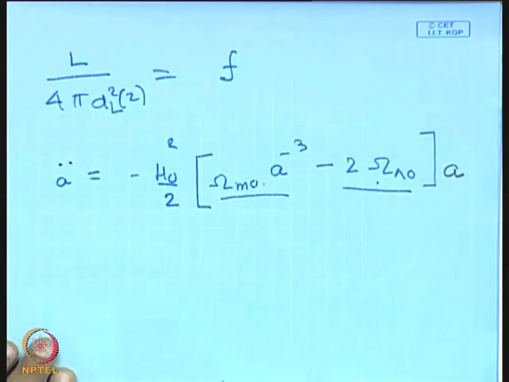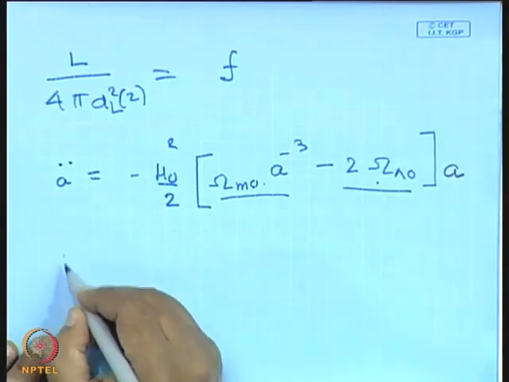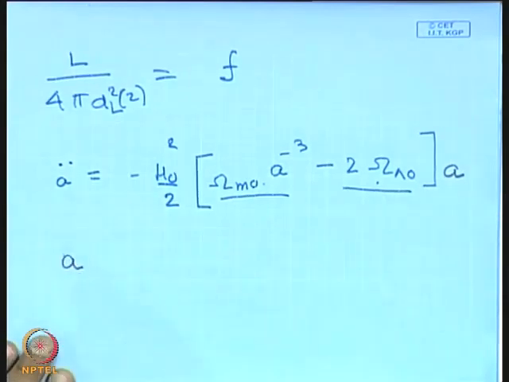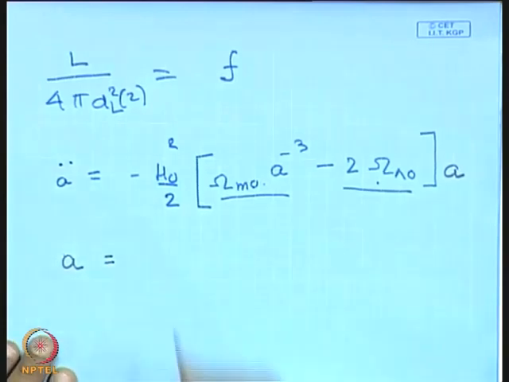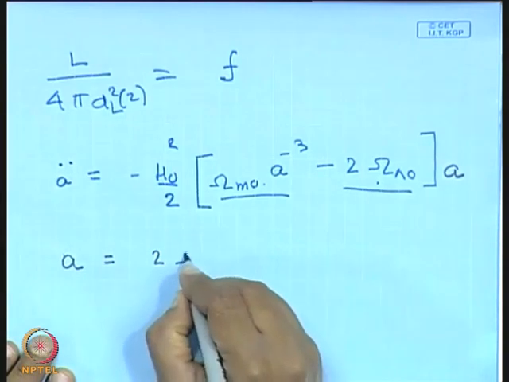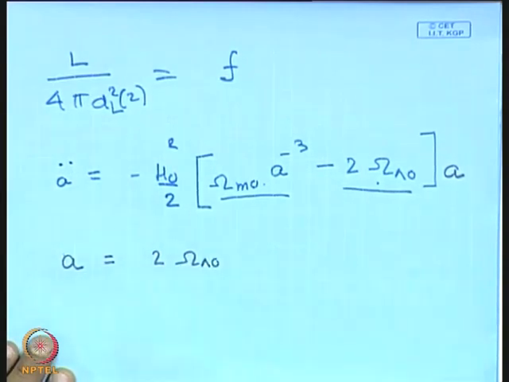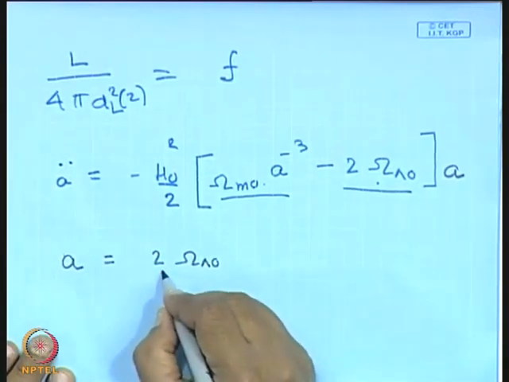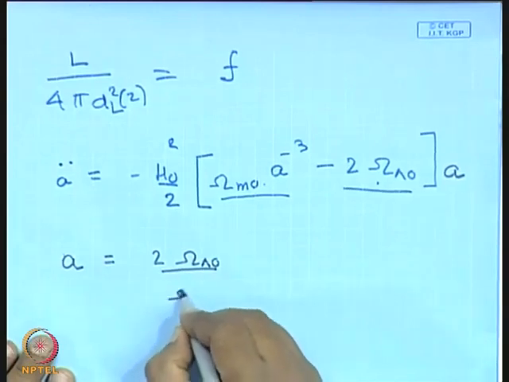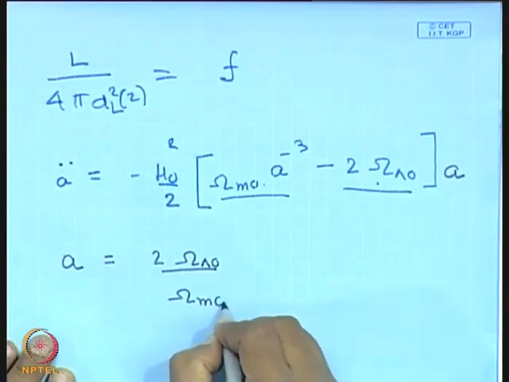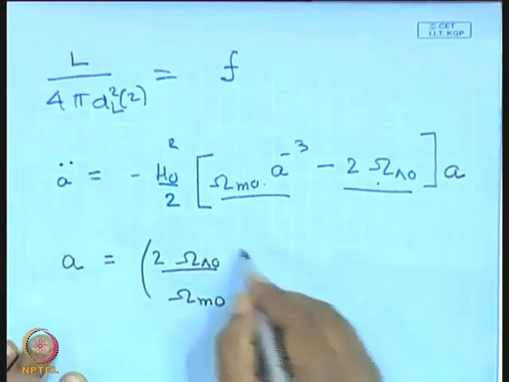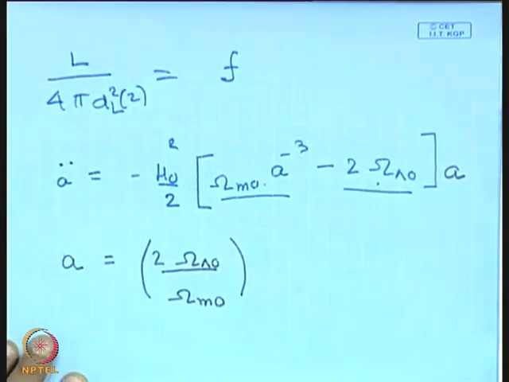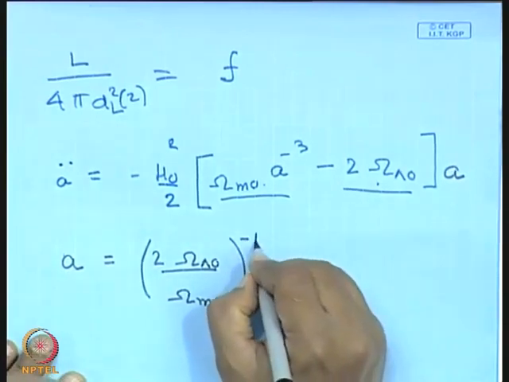So the transition will occur at a scale factor a which is equal to 2 omega lambda naught by omega matter naught, to the power minus 1/3.